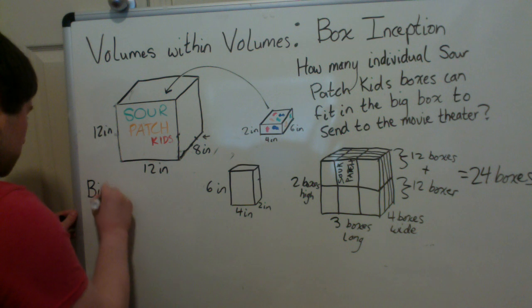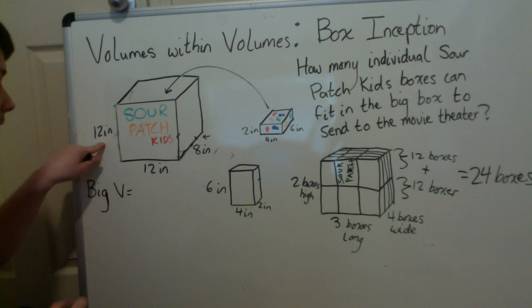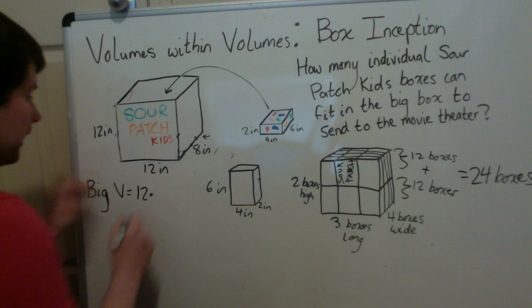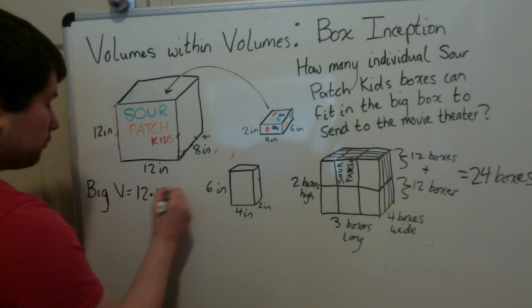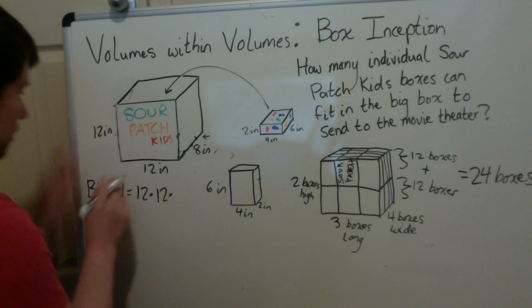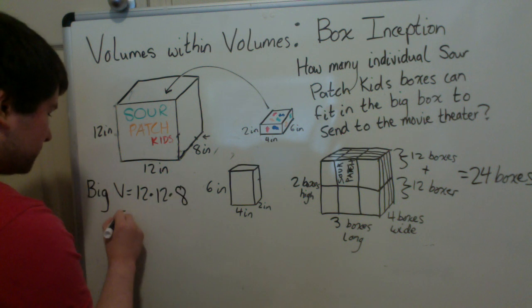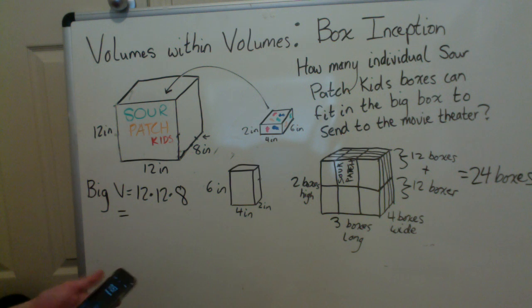Let's do the volume of the big box. There we go. Big volume is going to be, well, we have a height of 12 inches. We have a width of 12 inches, and we have a, wait, did I say length or width? Doesn't matter. 12 times 12 times 8. Okay, we're going to multiply all the dimensions together. 12 times 12 times 8.